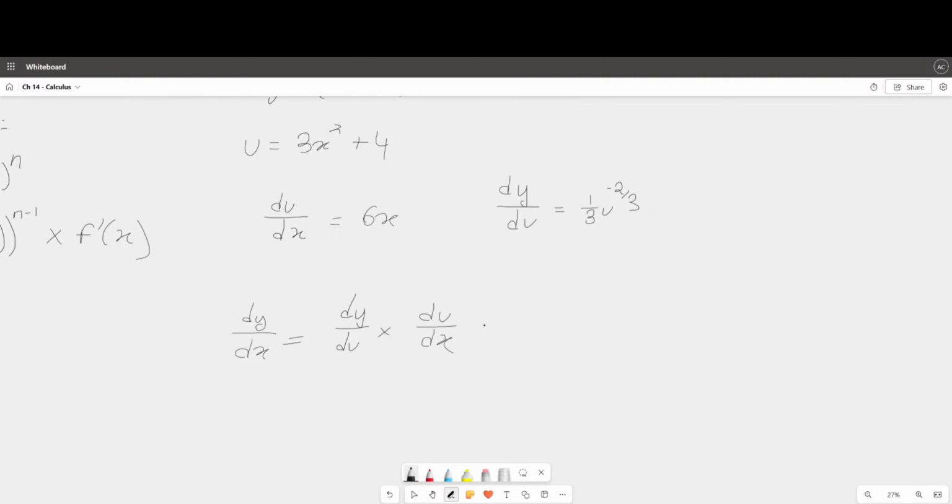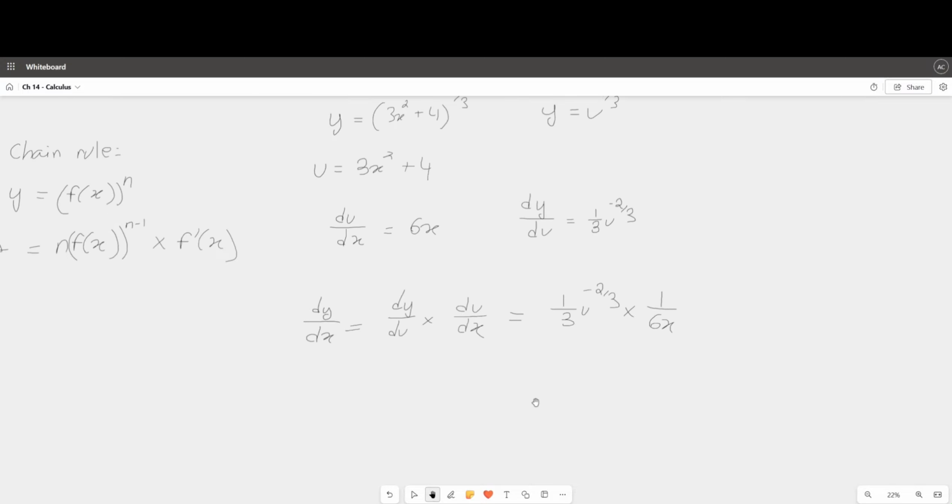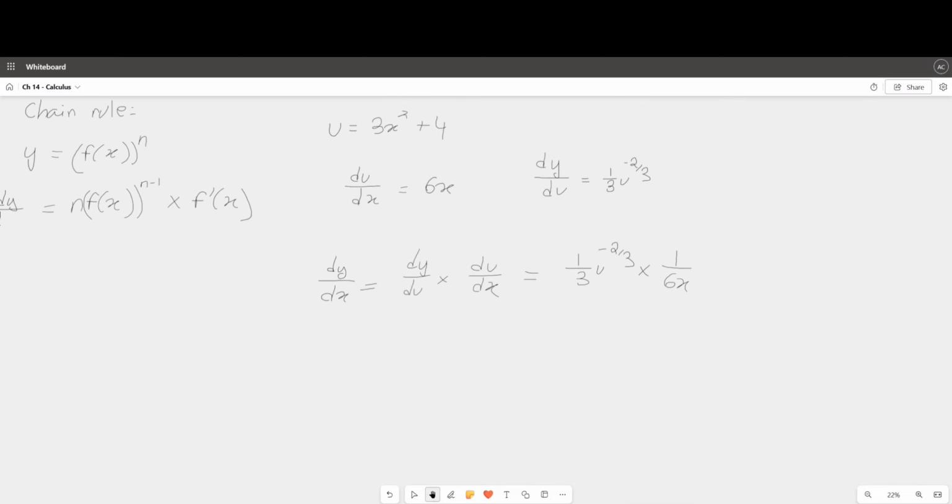So if you compute this, dy by du is 1 by 3 u to the power minus 2 by 3, and du by dx is 6x, and then you'll substitute this back in, simplify, and you'll get a value for dy by dx. So that's the chain rule.